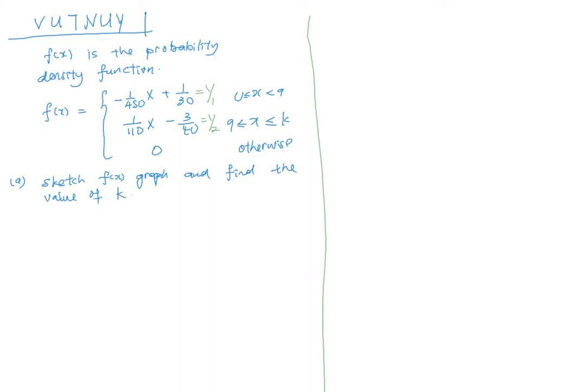Now you can choose to find the value of k first, then only sketch the graph, your choice. So now, how are you going to find the value of k?